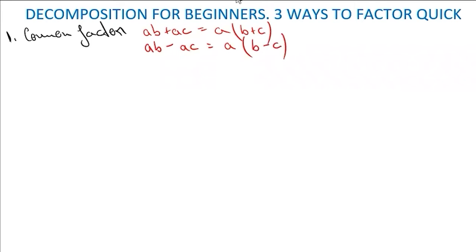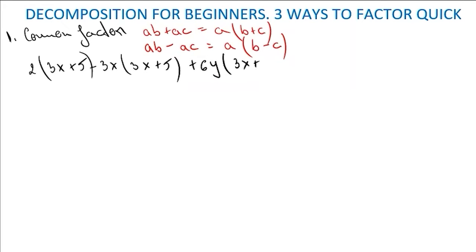For example, we have 2 multiplied with 3x plus 5, minus 3x multiplied with 3x plus 5, plus 6y multiplied with 3x plus 5.